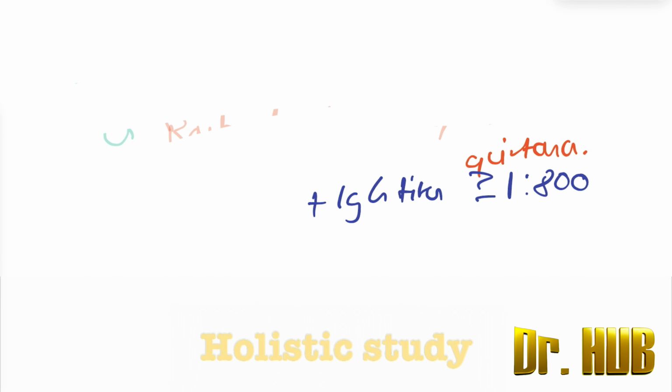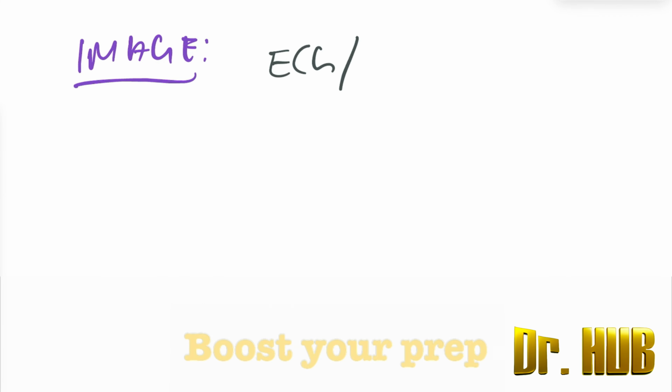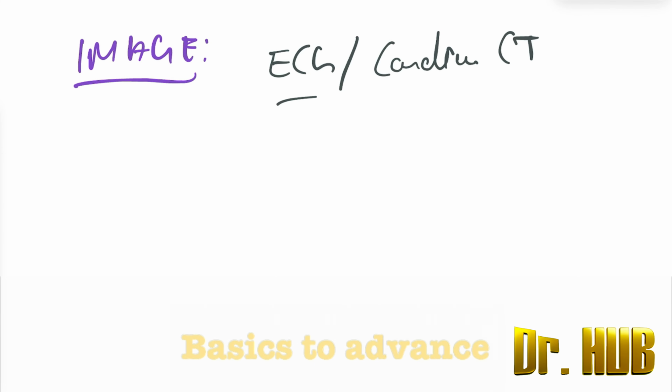Okay, now moving ahead, we are going to go to the topic of imaging. Under imaging, we look for echocardiography as well as cardiac CT imaging. What do we detect?